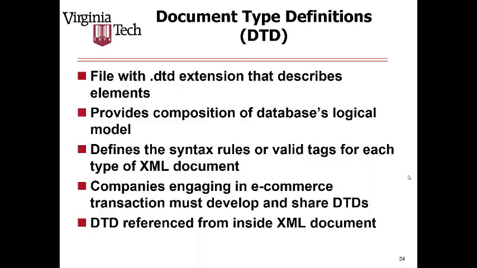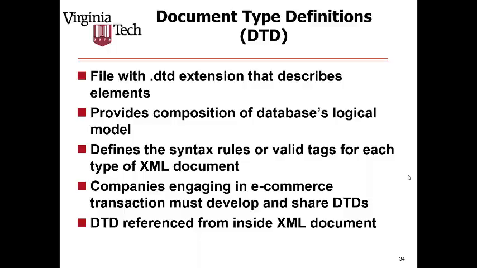All right, so we start with what's called a document type definition, and that tells us what our XML document is going to contain. It's sort of like our logical database structure. It's our create table statement. It is the thing that says these are the attributes that are going to be part of my table. So we develop these documents, and then we share them with the people that we want to share our data with.